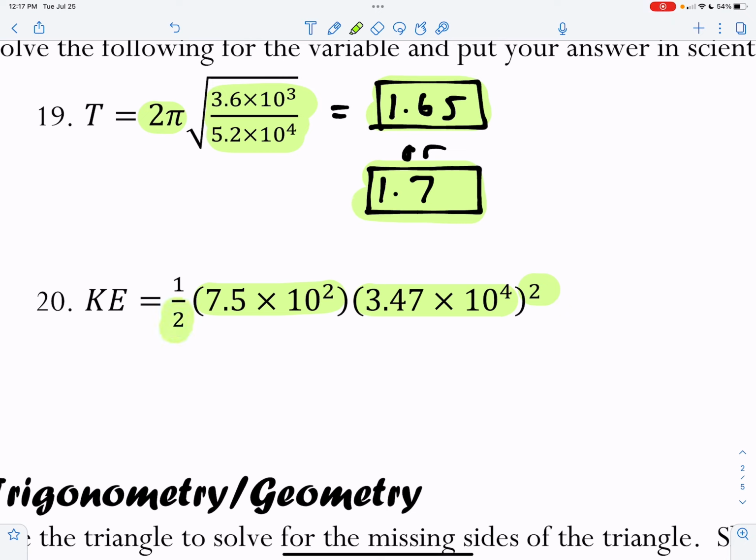So 3.47 times 10 to the 4th power, square that, times 7.5 times 10 to the 2, then take half of that. You're going to get a pretty big number when it's all said and done. Again, our answer should have the same as the lowest number of significant figures, so I get 4.51. I'm just going to round it down to 4.5 times 10 to the 11th power.